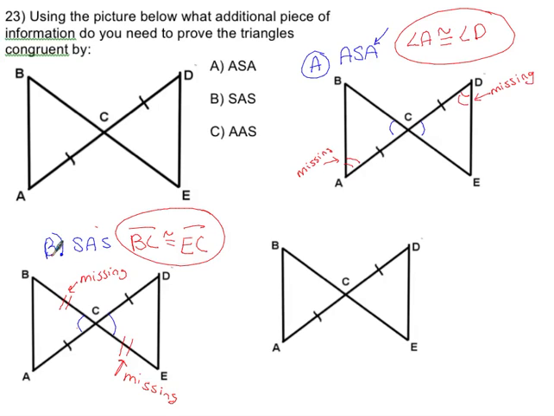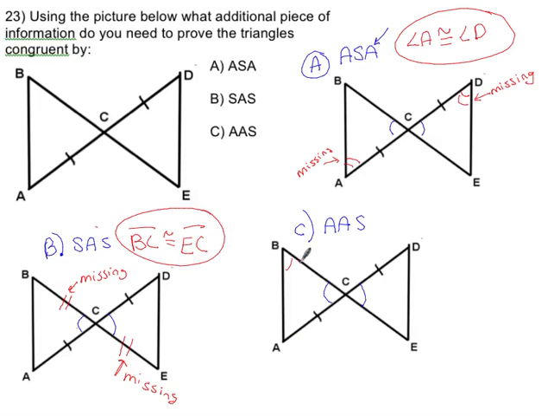All right, letter C. Letter C wants me to prove it by angle, angle, side. Well, I've got the side here, I've got the angle here, so if I want to go angle, angle, side, I can't go angle, side, angle.